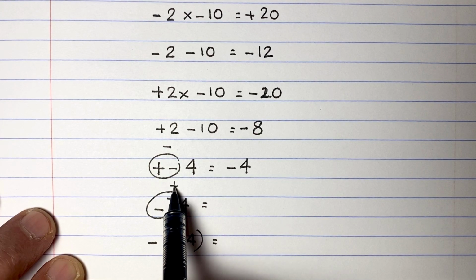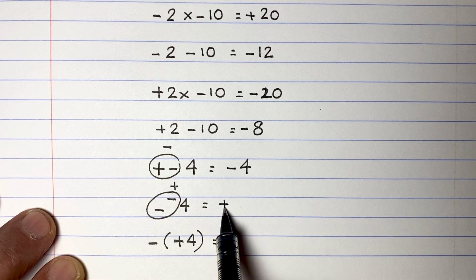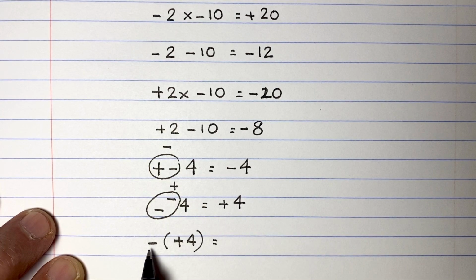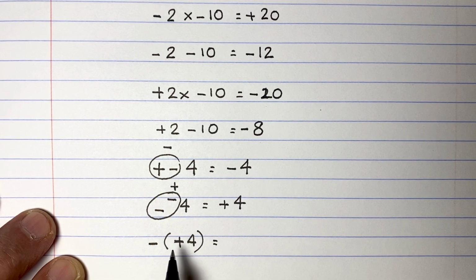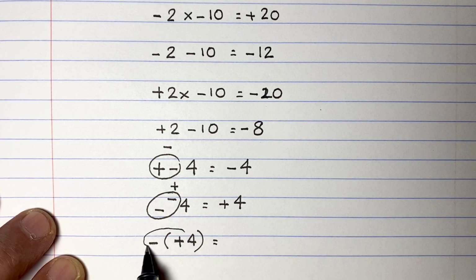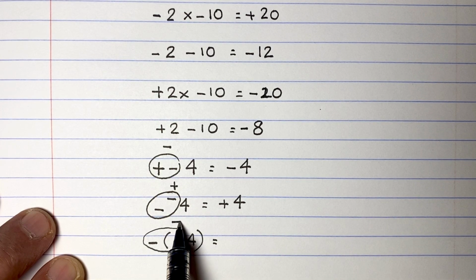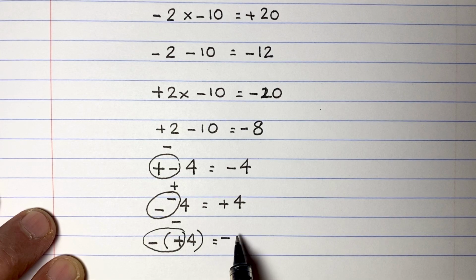So you reduce it to a single positive sign, and we have positive 4. Here, negative, open bracket, positive. Again, two signs follow each other. This time with a bracket between them, it makes no difference. Negative times positive is negative. Therefore, the answer is negative 4.